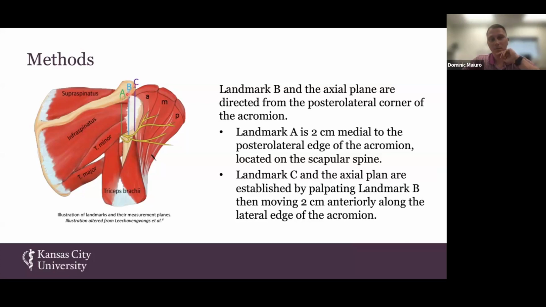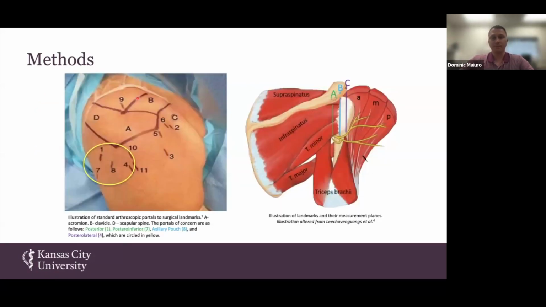And then C, moving from B, 2 centimeters anteriorly, we have plane C and landmark C, where portal 4 is found. So we did those measurements and then we overlaid those measurements related to the skin measurements. Again, just to show you that 1 and 7, A, and then 8, B, and C with 4.